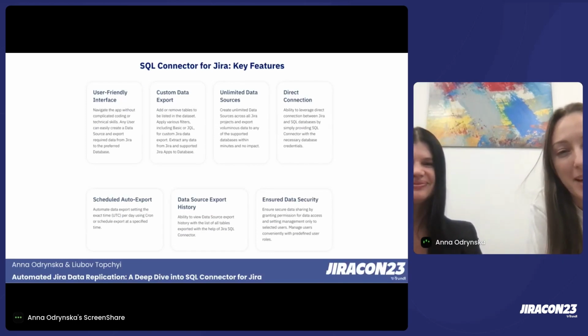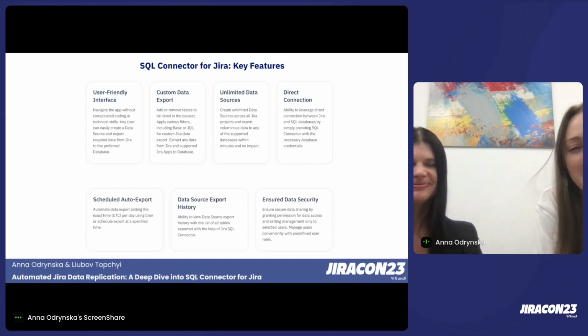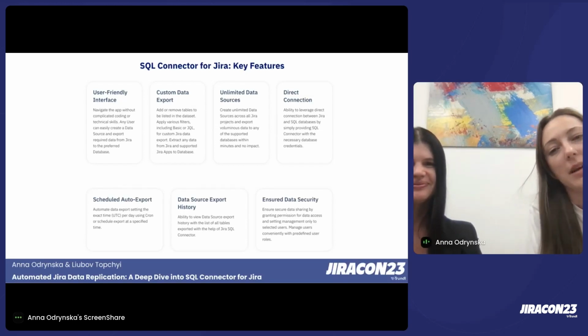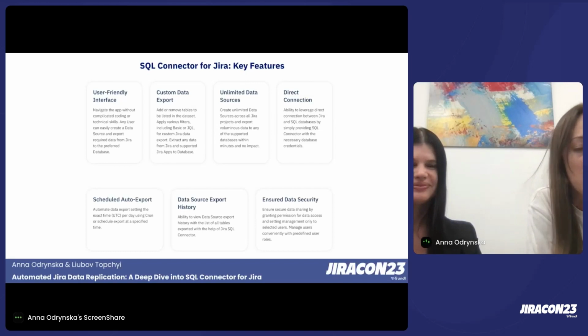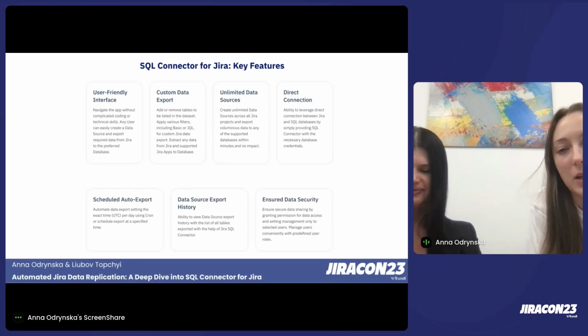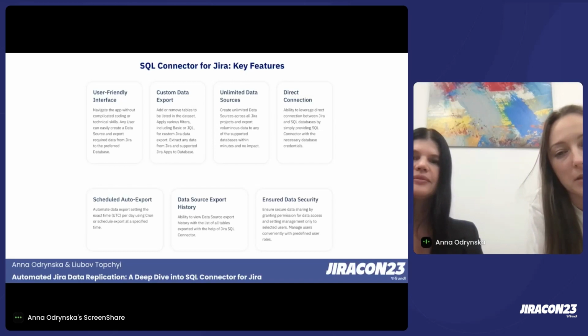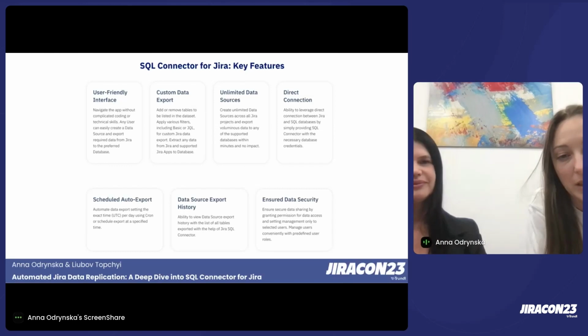So coming back to the product and its key features, as all of our products, it has the user-friendly interface, which allows you to easily navigate the app without any specific skills. It allows to customize your data export, add or remove tables to be listed in the data sets, apply various filters, and customize the Jira data export as much as you need.